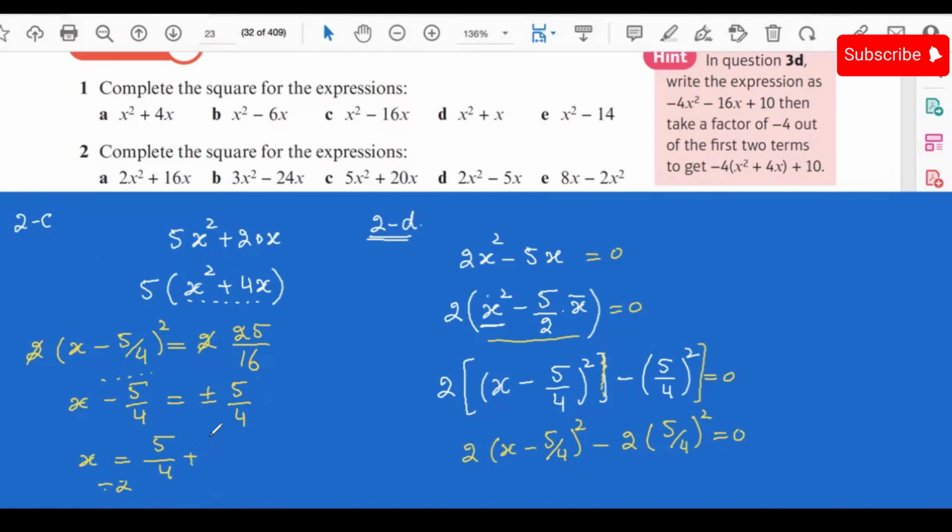The second root will be x equal to negative 5 over 4 plus positive 5 over 4, which is 0, so x is equal to 0, and the other one is 10 over 8, which is 5 over 2. So the two roots are x equal to 5 over 2 and x equal to 0.